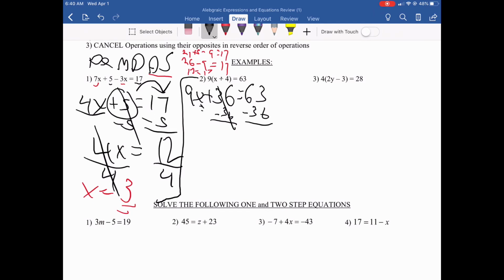And this is going to equal 27. 9x equals 27. Divide by 9. X equals 3. All right.